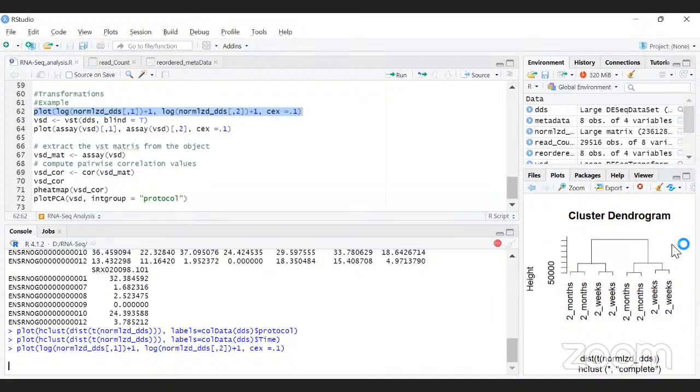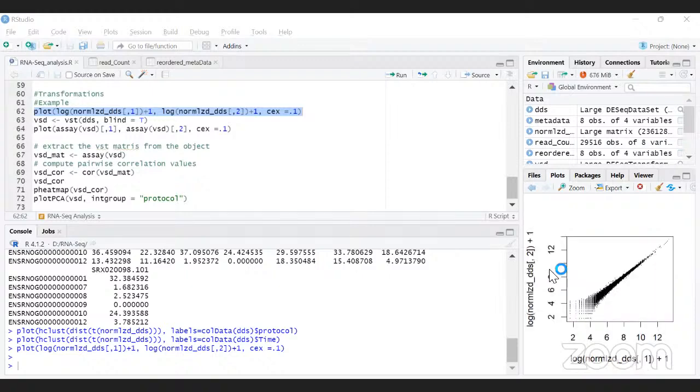I'm sorry, my computer is terribly slow. Not an issue, take your time. Okay, yeah, I've got the plot here.